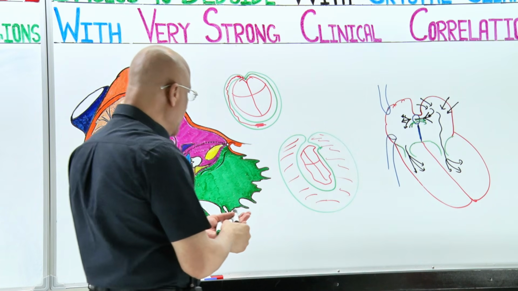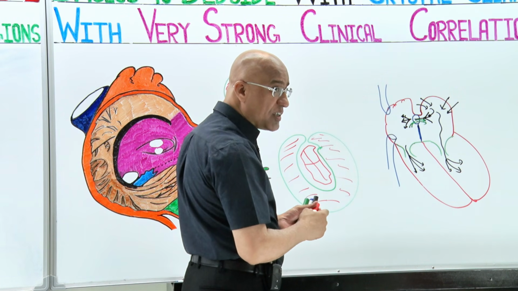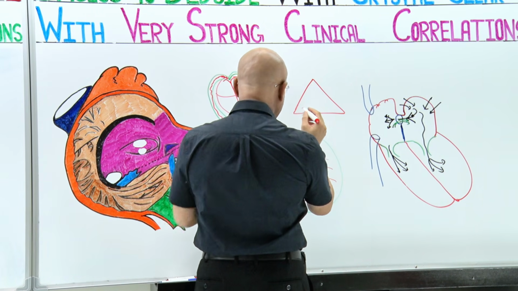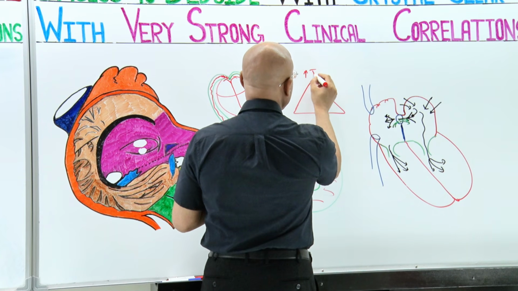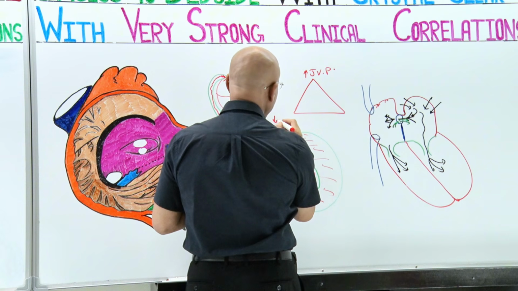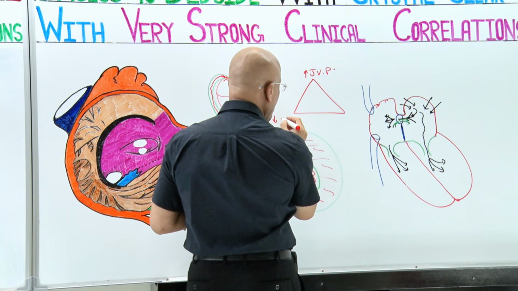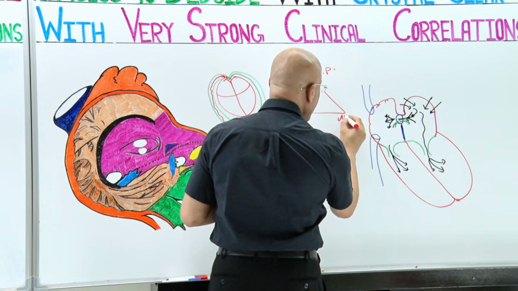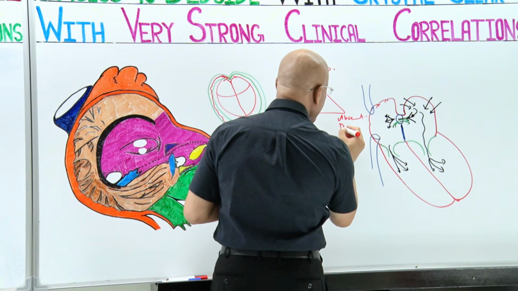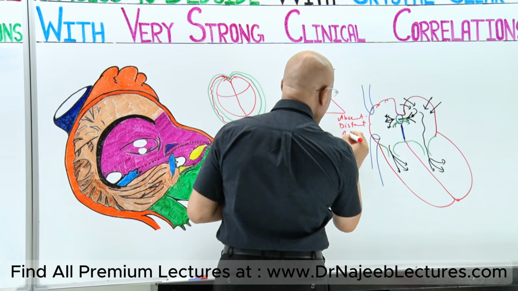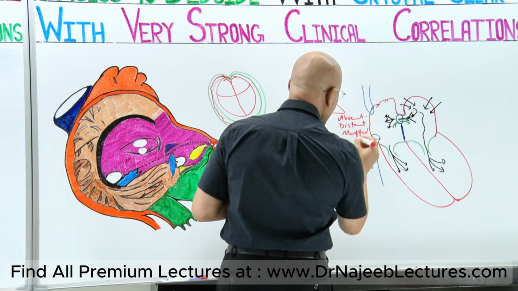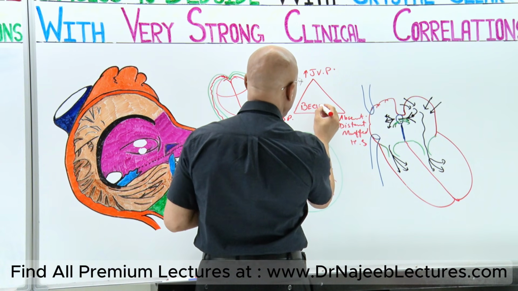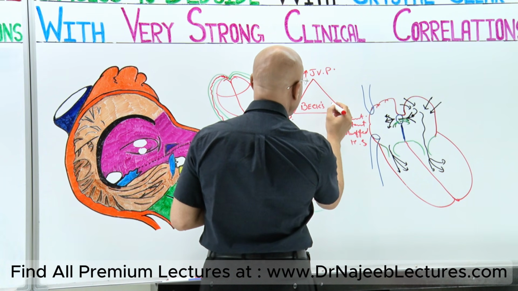This type of situation is a very serious emergency, cardiac tamponade, where there is rising jugular venous pressure, falling pulse volume and blood pressure, and absent, distant or muffled heart sounds. This is called Beck's triad.